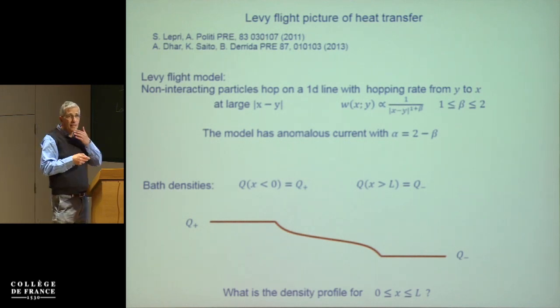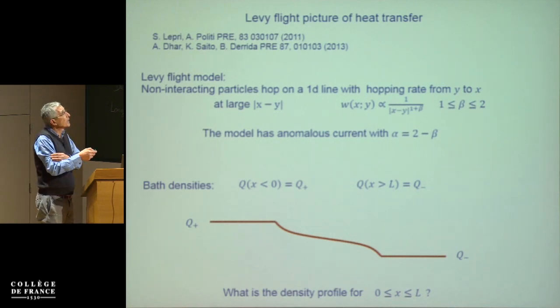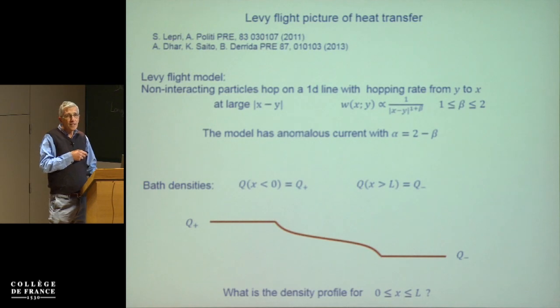Suppose you have particles that hop on a line with hopping rate from y to x, at least for large x minus y, they hop with some rate which goes like x minus y to some power. Okay, and so it's a Levy-Flight.